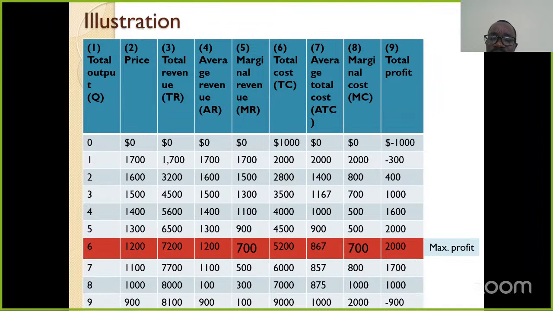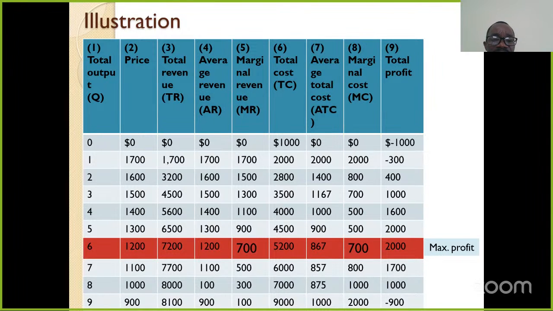So at this point, it's where we are saying it's the maximum profit, because beyond that, you start making a low profit and then losses. So you check column 8 for marginal cost and column 5 for marginal revenue.